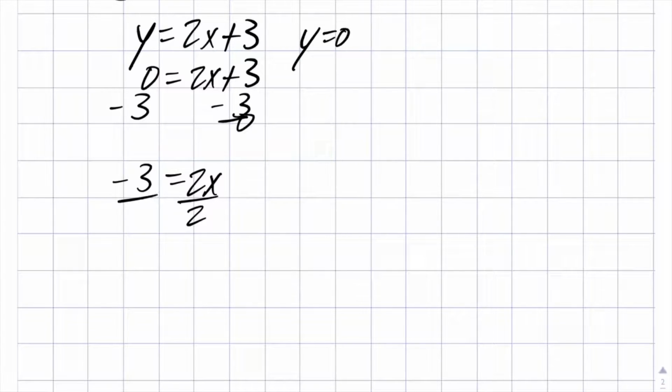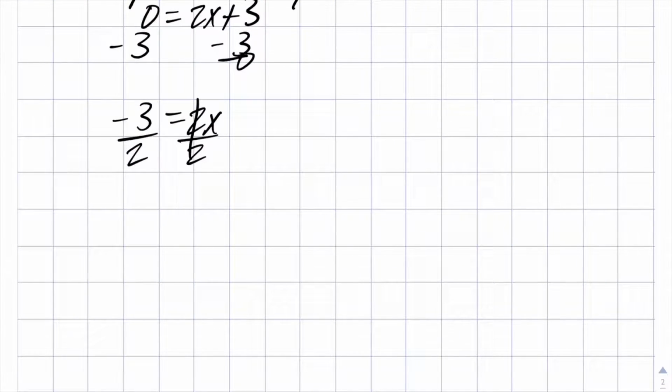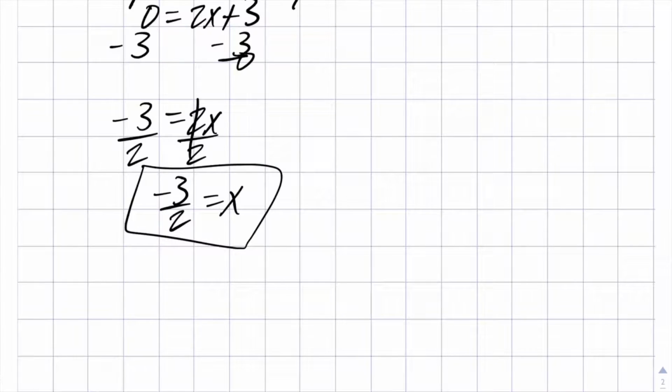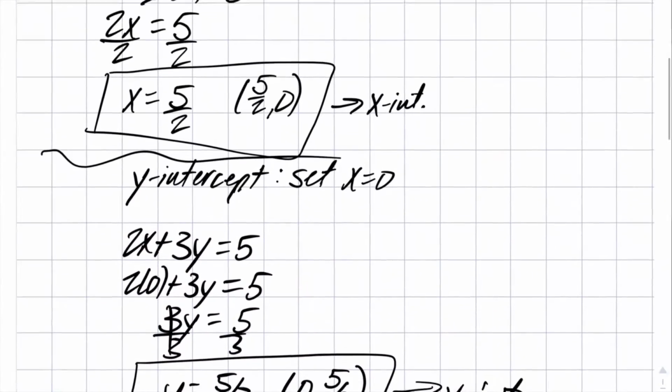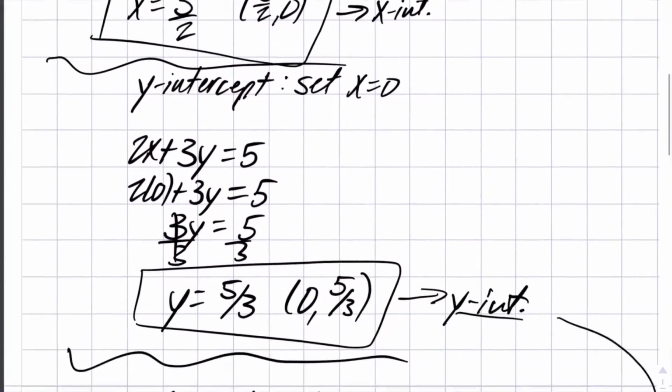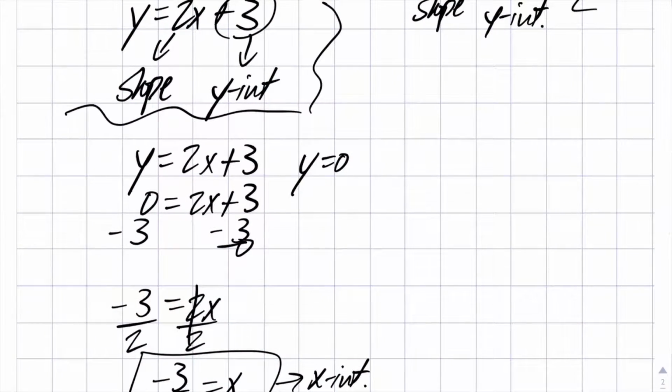Divide by 2. Divide by 2. And there you go. Negative 3 over 2 equals x. That's our x-intercept. Okay? So the y-intercept we got here, the x-intercept we got here.